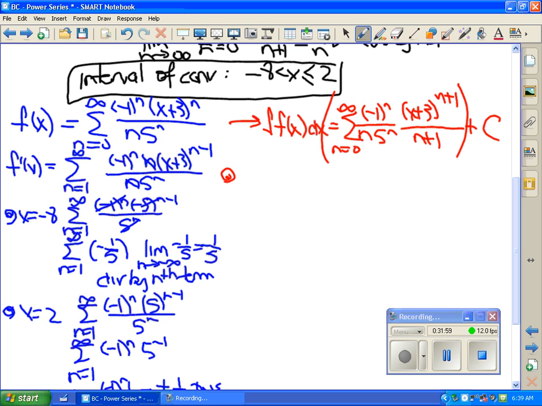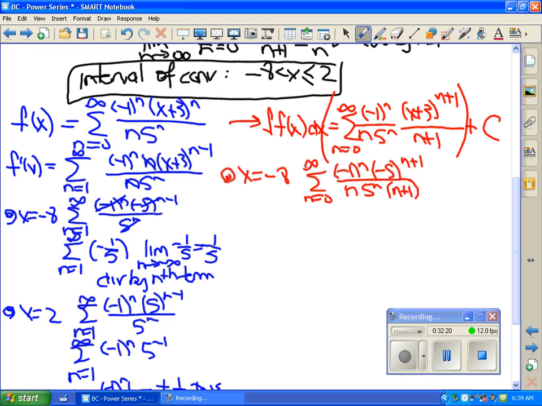So, at x equals, I forgot, negative 8, I'm going to look at the series n equals 0 to infinity, negative 1 to the n, negative 5 to the n plus 1, all over n, 5 to the n, and n plus 1.